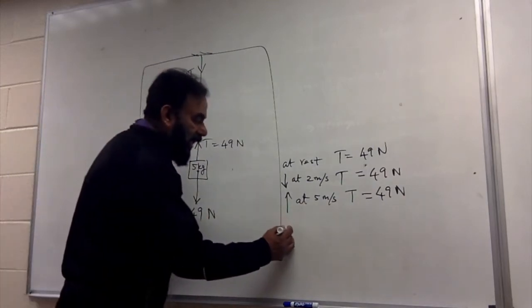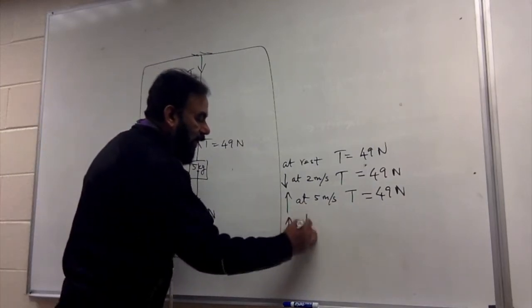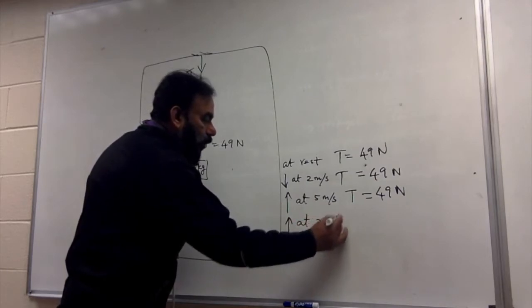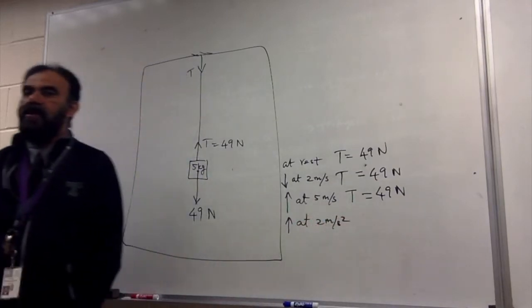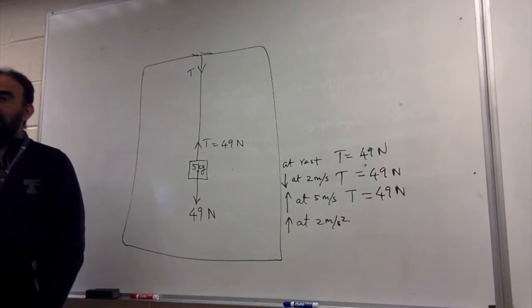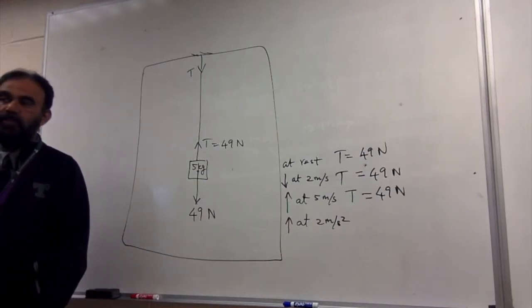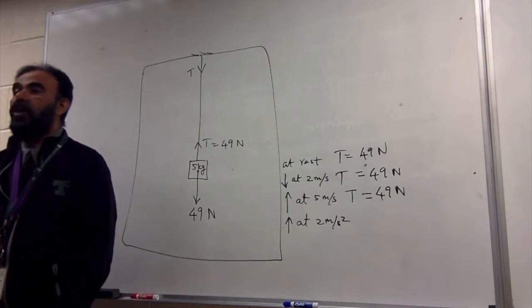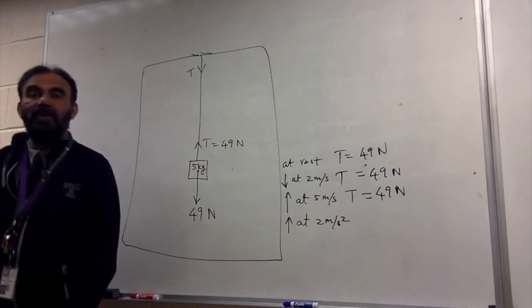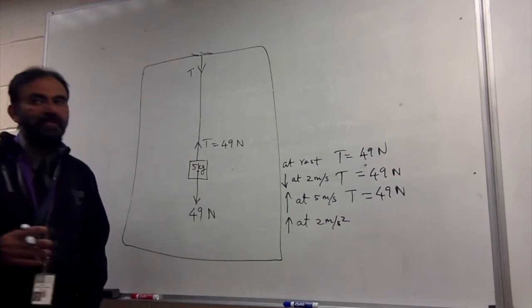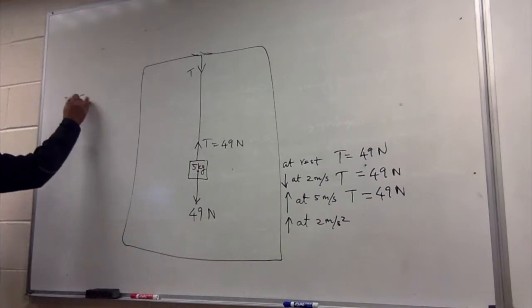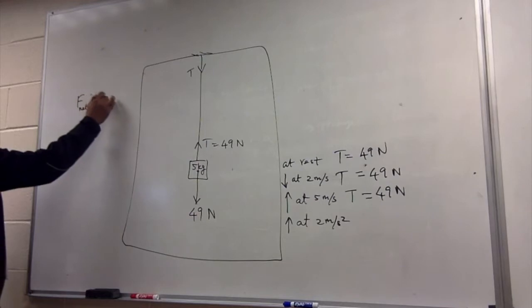Now, what if it is accelerating upward at 2 meters per second squared? Now, is it accelerating? Yeah. So is the net force 0? No. Now you bring in which law? Second law, that the net force is supposed to be ma.